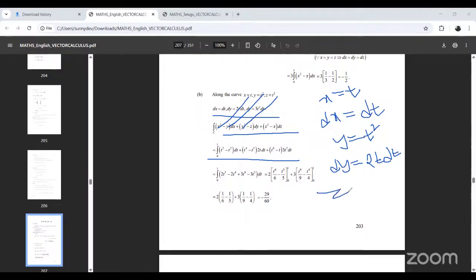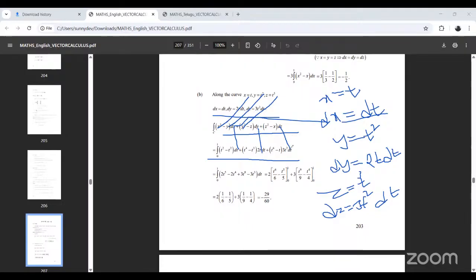And z equal to t cube, no? Then dz equals 3t square into dt. So we have to substitute dt in place of dx, 2t dt in place of dy, and 3t square dt in place of dz. So this we have to substitute.